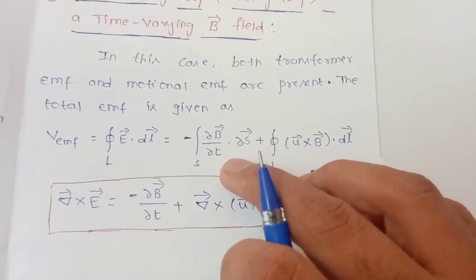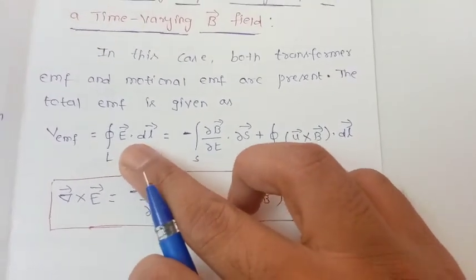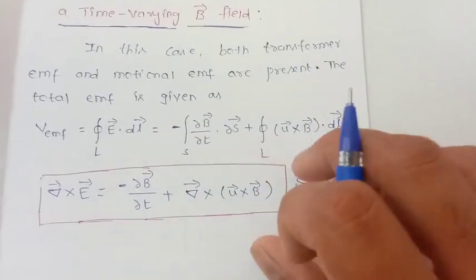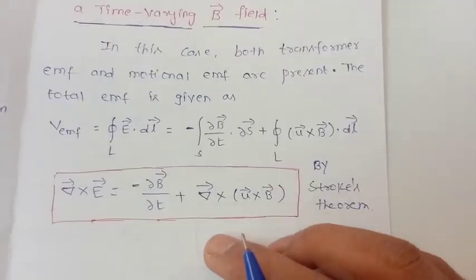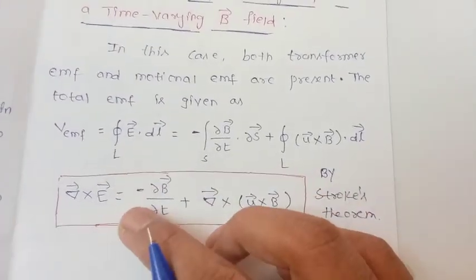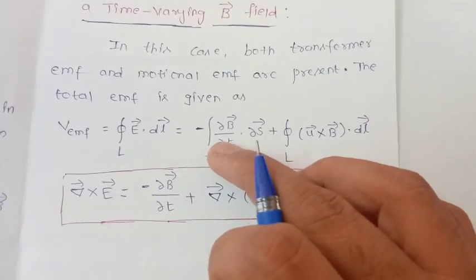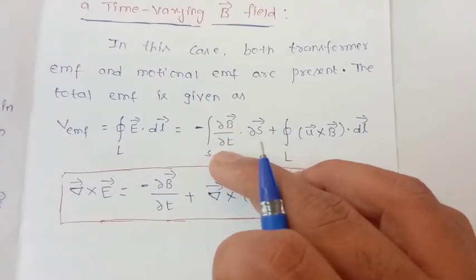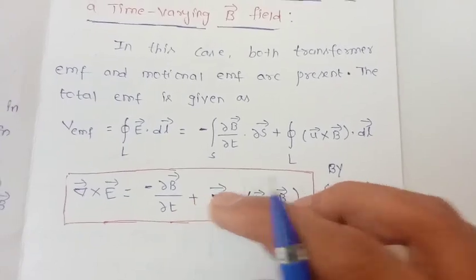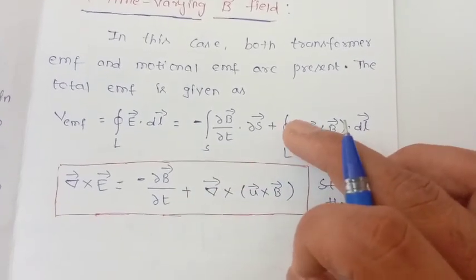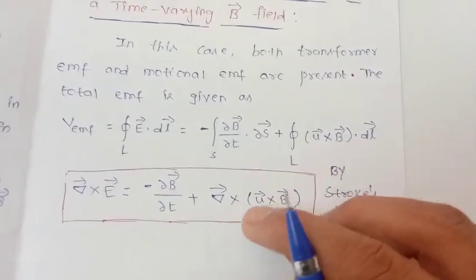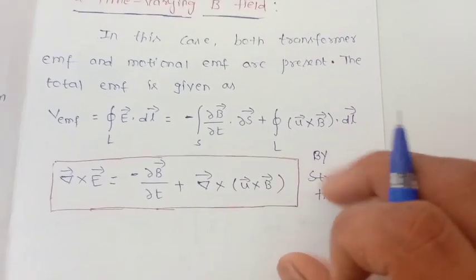Now by applying the Stokes theorem to these terms, the curl of electric field is equal to minus dou B bar by dou t plus del bar cross u bar cross B bar. Since both are surface integrals, they cancel.